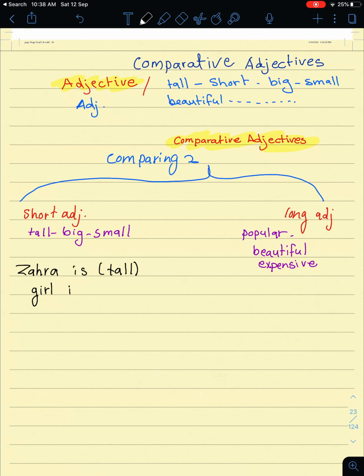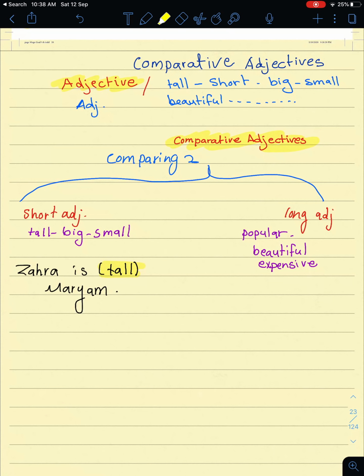Let's say Zahra is tall, and for example, I'm comparing her to Maryam. So here, let's take a look. I'm comparing Zahra to Maryam. So this is comparative adjective. Right?